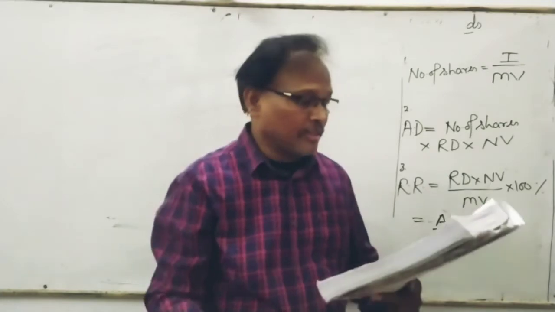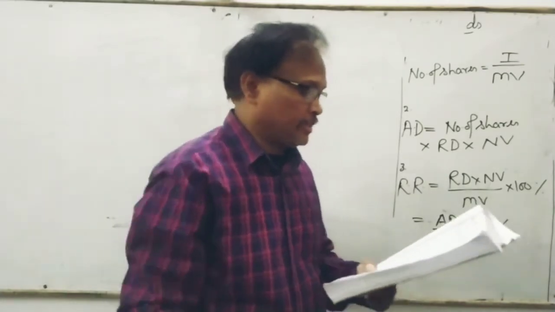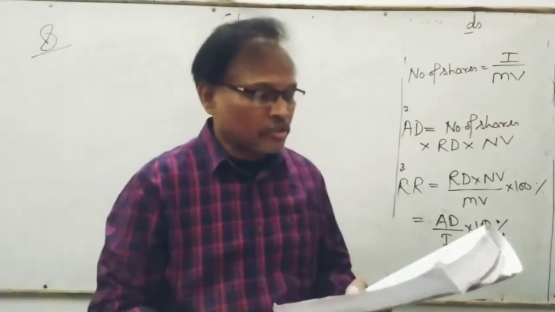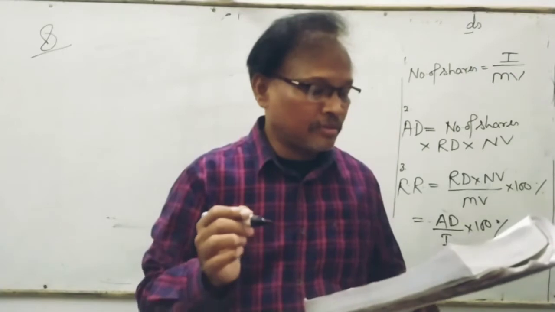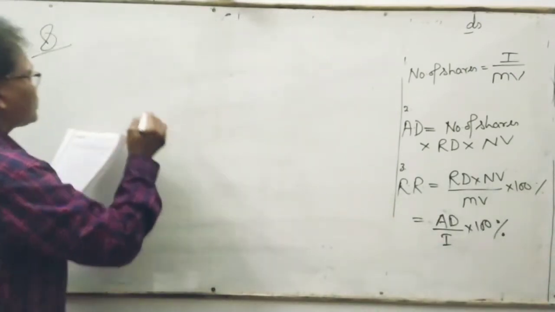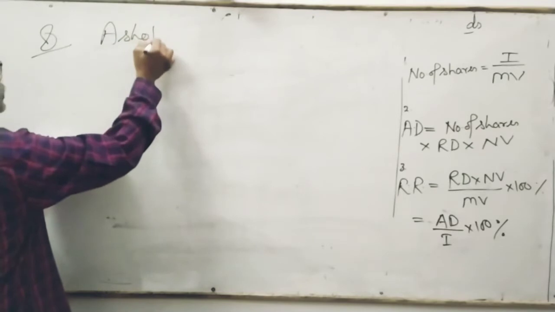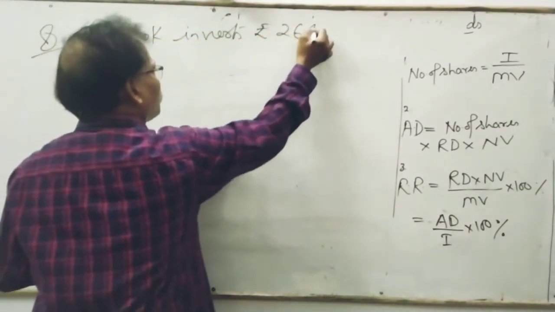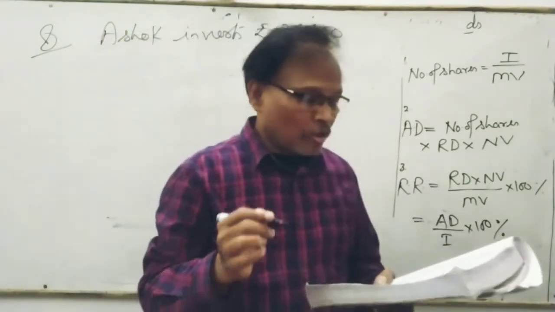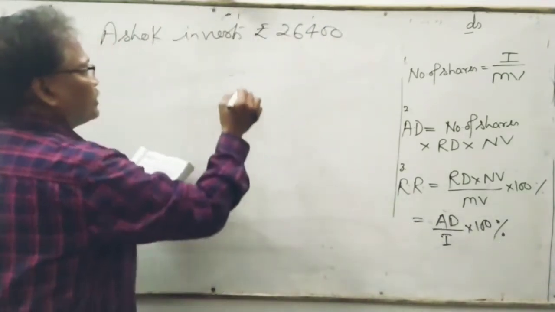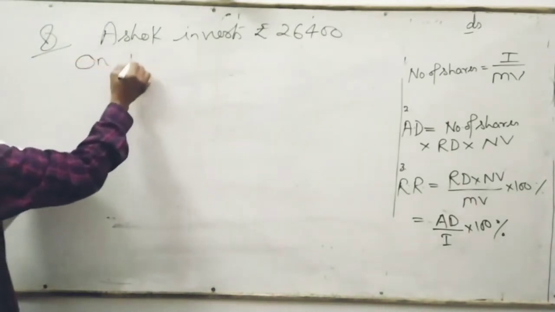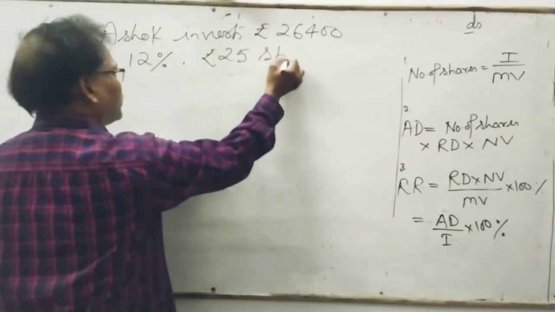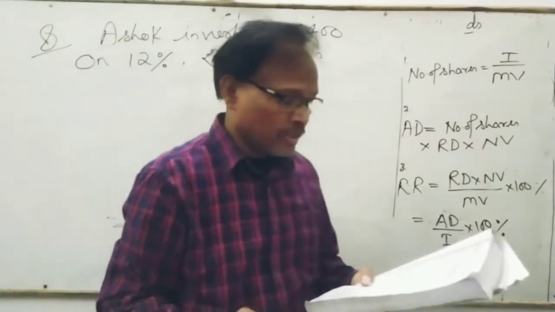One question I'm telling again. This is question number 8. Ashok invest rupees 26400. Ashok invest, one person, Ashok invest rupees 26400 on 12% rupees 25 shares of a company.